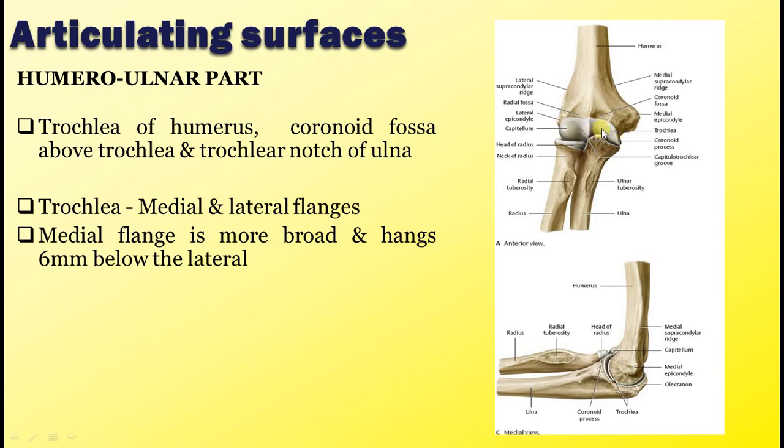You see very carefully, the medial flange actually dips downwards. The medial and lateral flanges are not present along the same line. The medial flange is extending a bit downwards. Then you are able to see the coronoid process. Even though it is projecting anteriorly, it is not exactly anterior but somewhat oblique in nature.